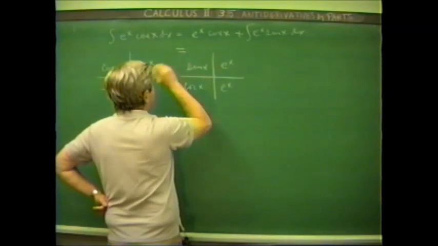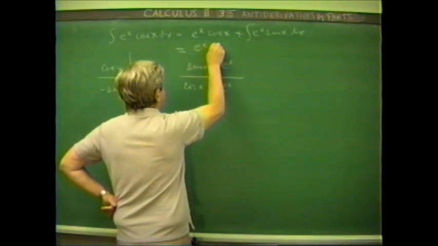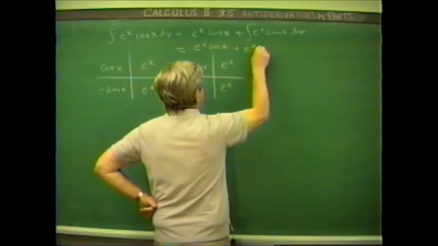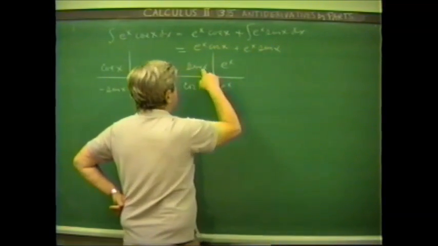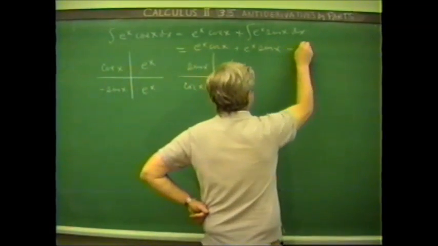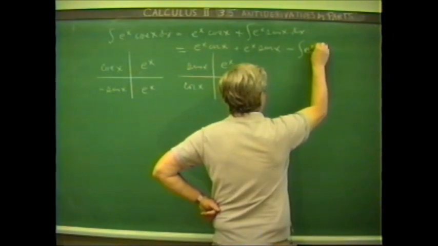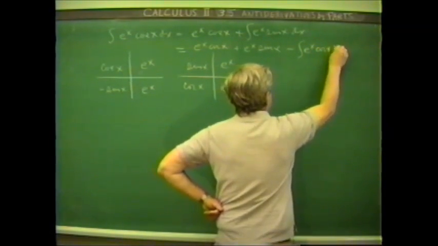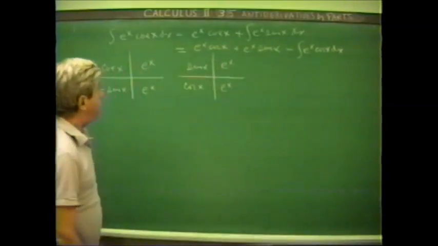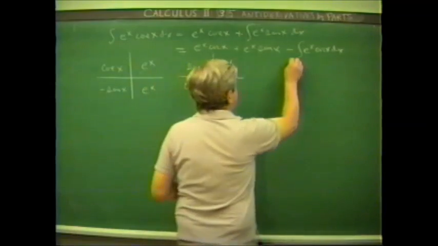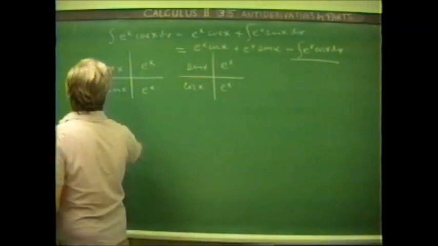And so we get that this is equal to e to the x cosine x plus e to the x sine x, minus the antiderivative of e to the x cosine x dx. Now it looks like we're in trouble here because we're back to e to the x cosine x. However, what we can do is collect this together with this one on this side and get 2 of them.